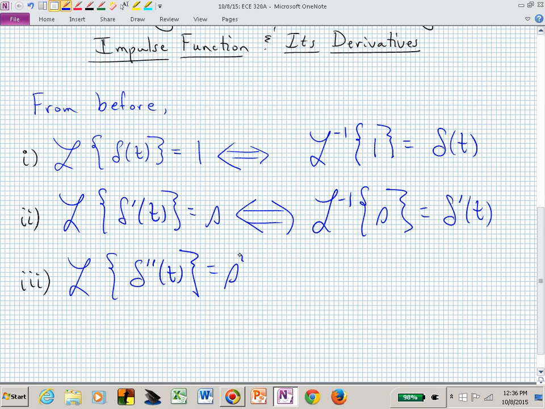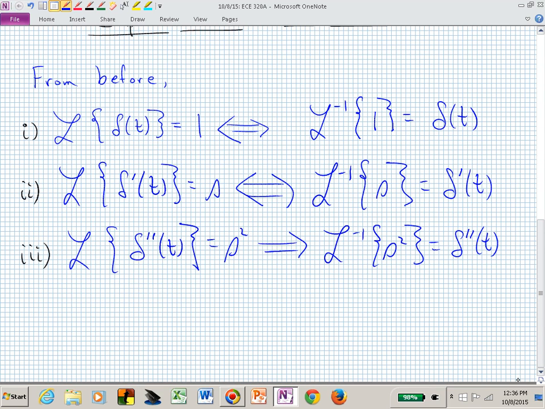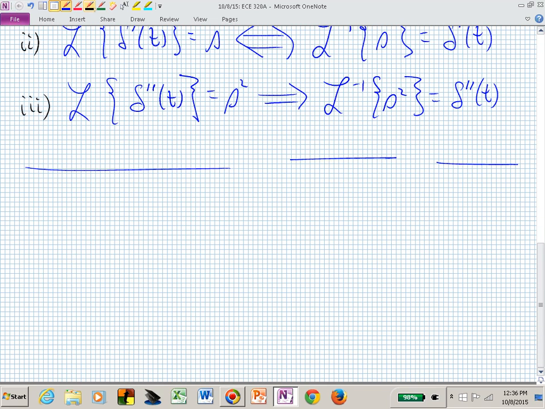That's S squared. Now, if you see an S squared sitting by itself or scaled, you know to take that back into the time domain, that's going to be the impulse differentiated twice. Now, let's use that in an example.